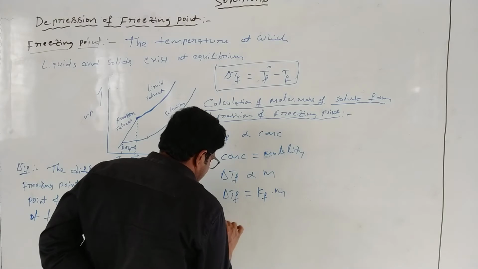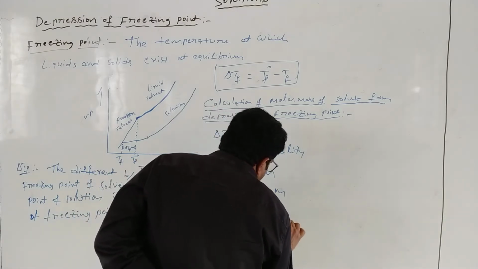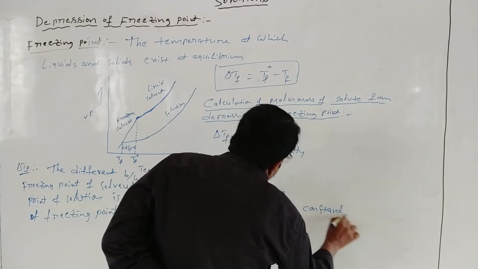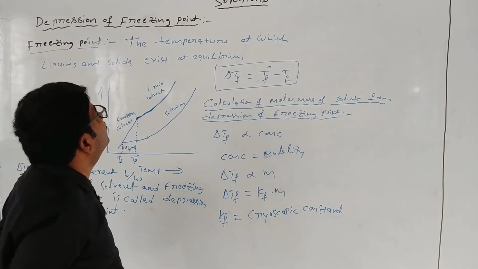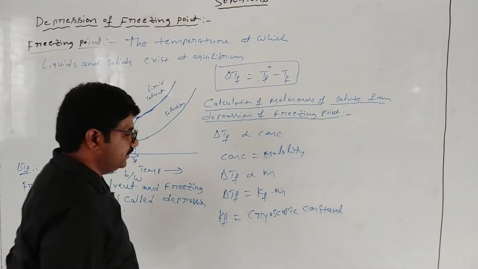Here Kf is called the cryoscopic constant, or depression of freezing point constant, or molar freezing point constant.